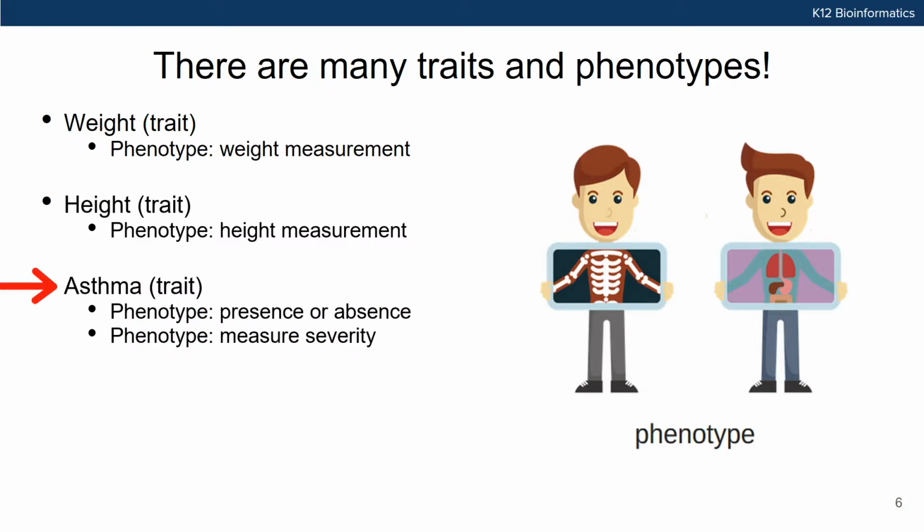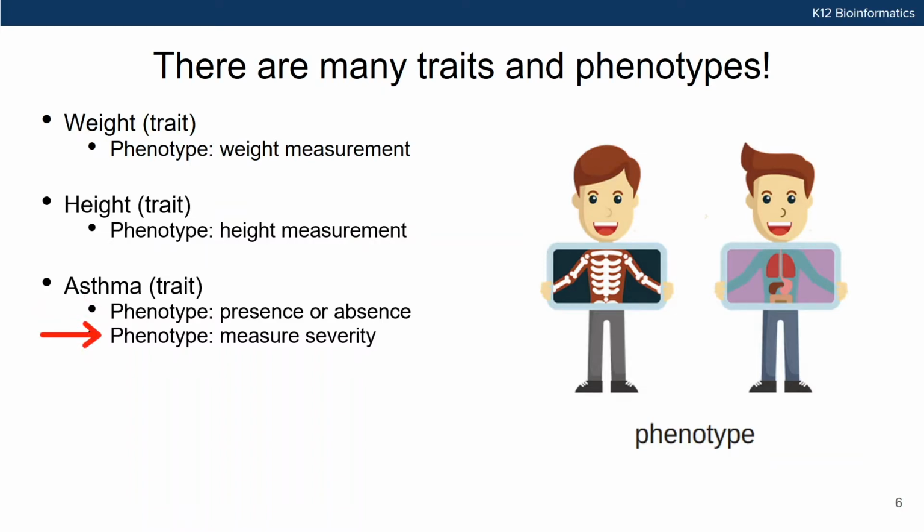I've actually listed two phenotypes here related to the trait of asthma. This is because we can investigate different phenotypes for any given trait. For example, we can investigate the asthma phenotype in the sense of how many people develop asthma versus those that don't.